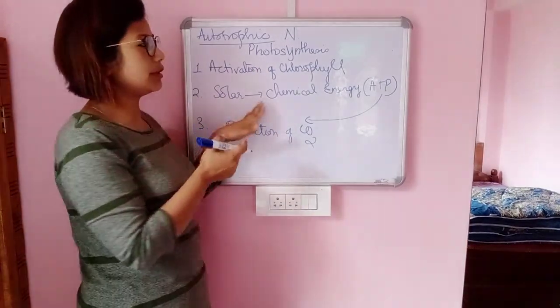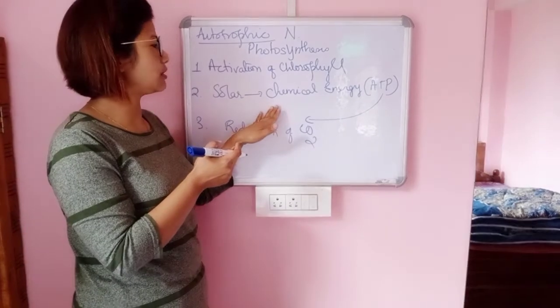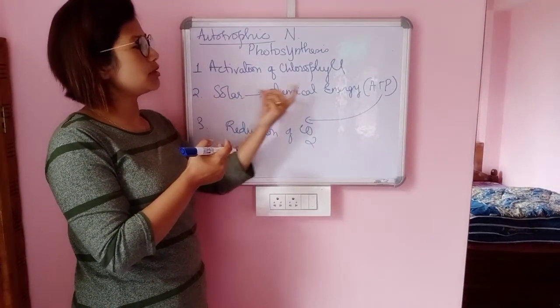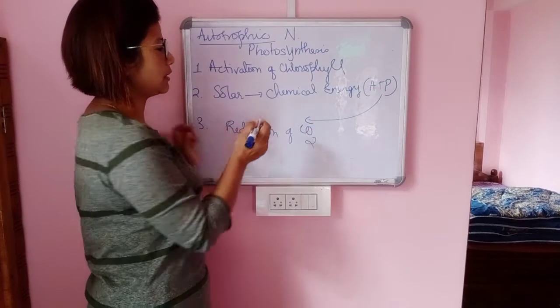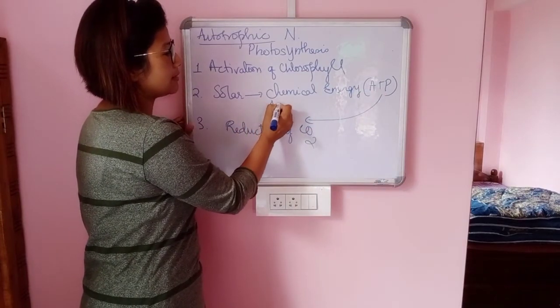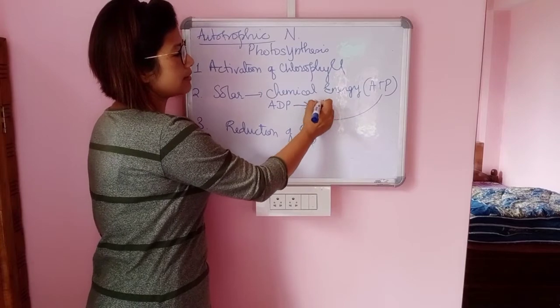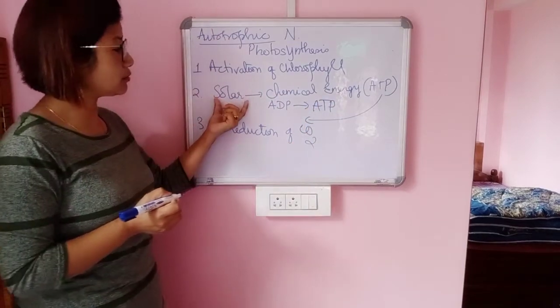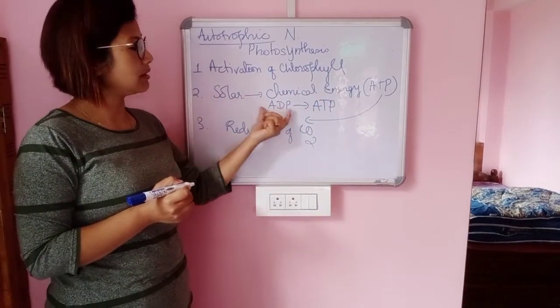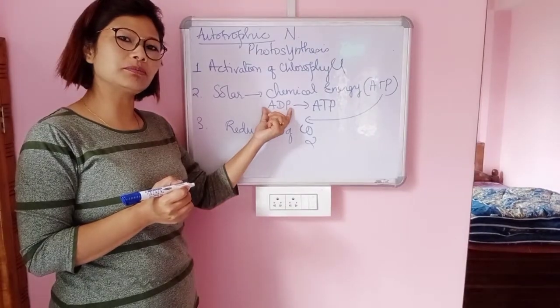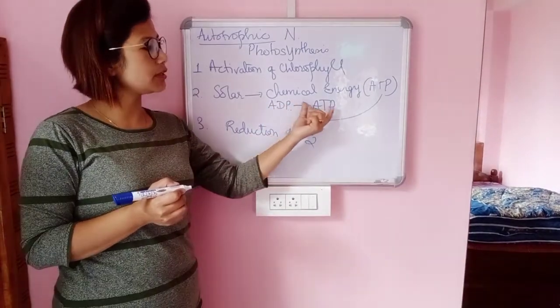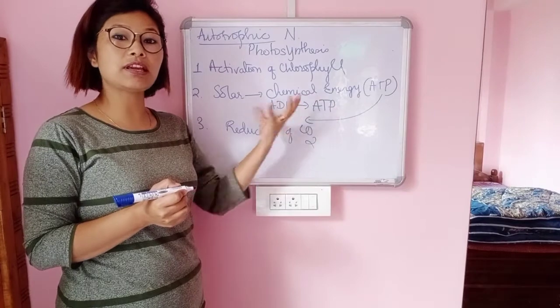Okay, now here one thing that I want to tell you is solar energy helps to convert actually ADP into ATP. So solar energy from the sun, ADP is already in the cell, so it is converted into ATP. It's energy.